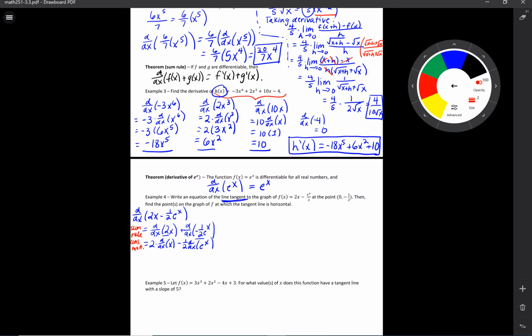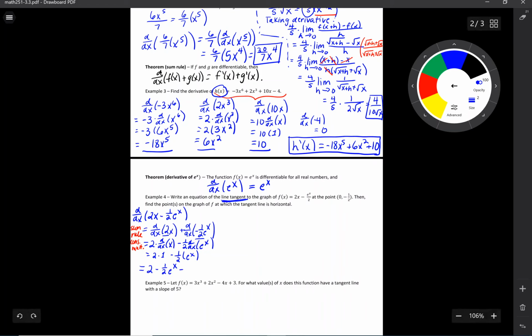And now I can just take these derivatives. So I know that the derivative of x is just equal to 1. So this is 2 times 1 minus 1/2. And up here, I just learned that the derivative of e to the x is just e to the x. So my derivative is 2 minus 1/2 e to the x.